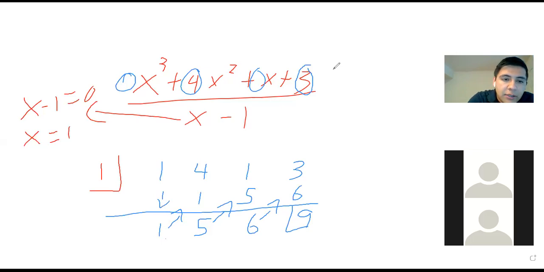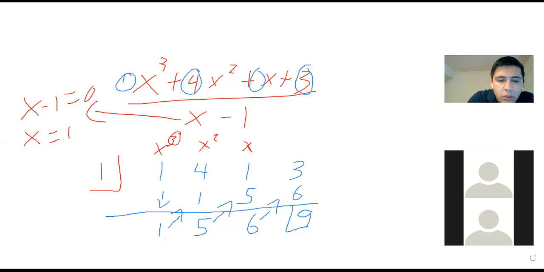Okay. And so remember, I'm going to write them up here. Remember that we have x cubed, x squared, x, and the constant, right? So when we're writing the answer, remember that we're going to subtract an exponent.